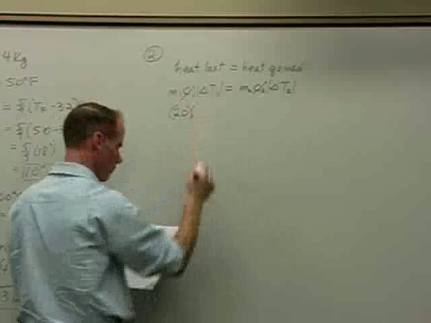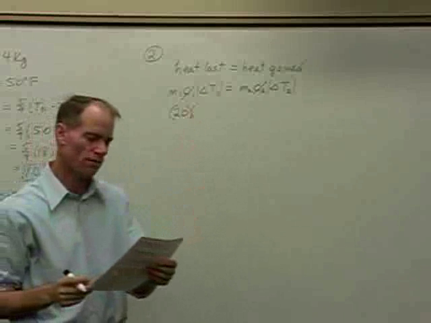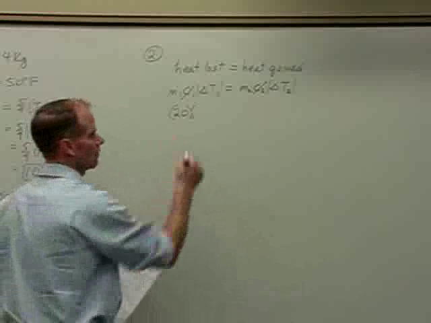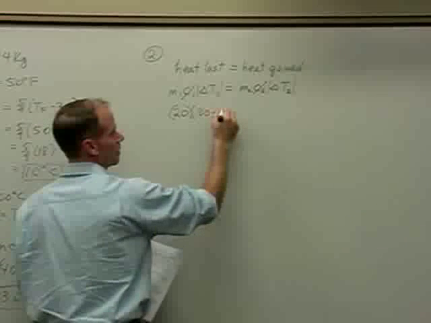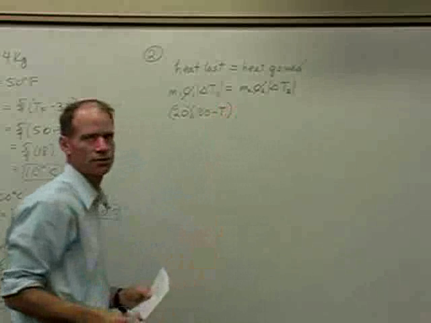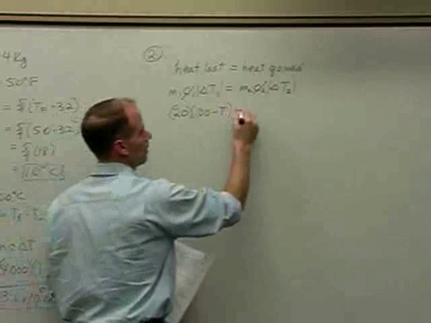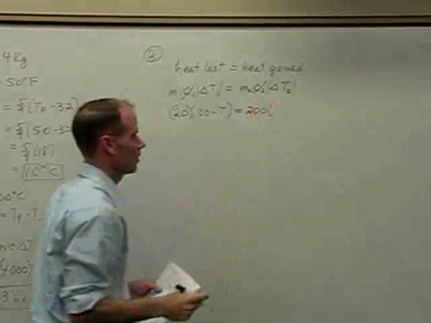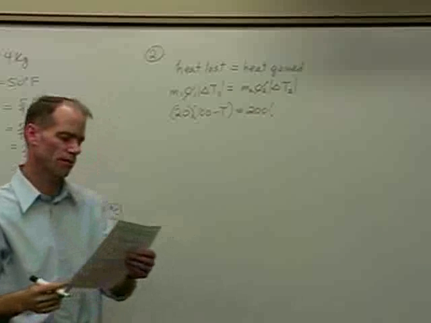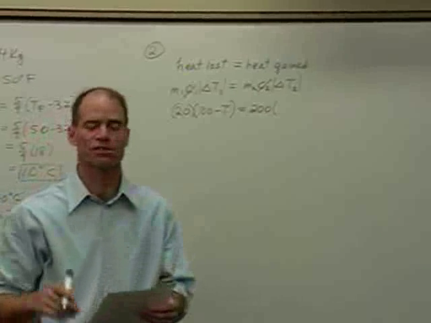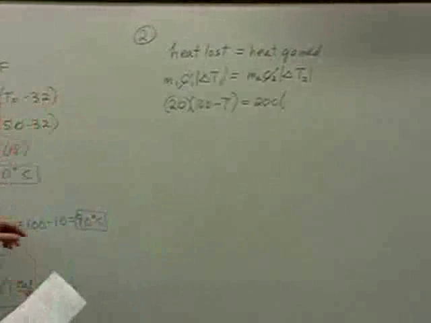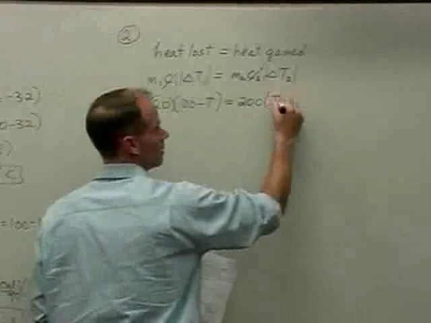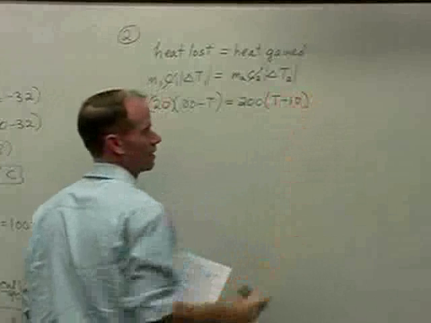And we'll say we're going from 212 down to some final temperature, which in Celsius would be 100 degrees Celsius minus some final temperature. Over here, we have 200 kilograms, and we're going to go up from original temperature of 50 degrees Fahrenheit, which in the last problem we determined was 10 degrees Celsius. And our final temperature will be T, so this difference will be T minus 10.